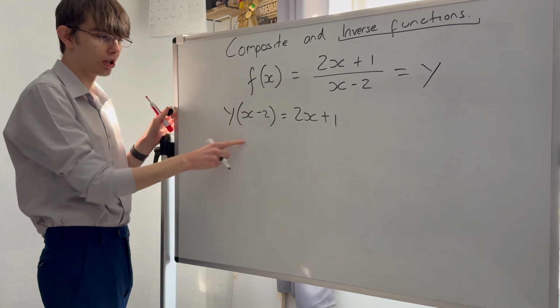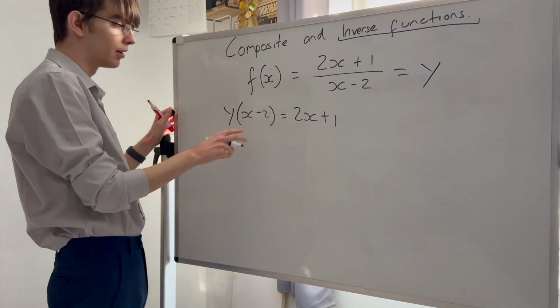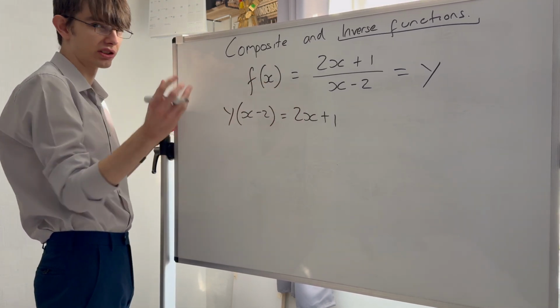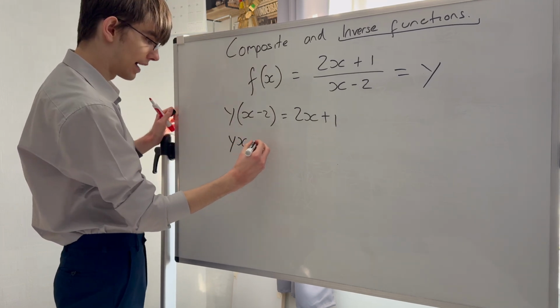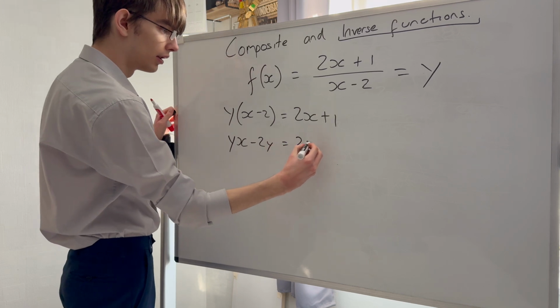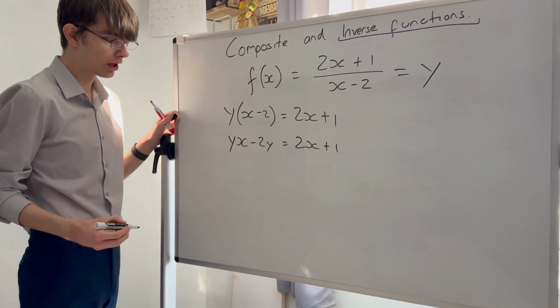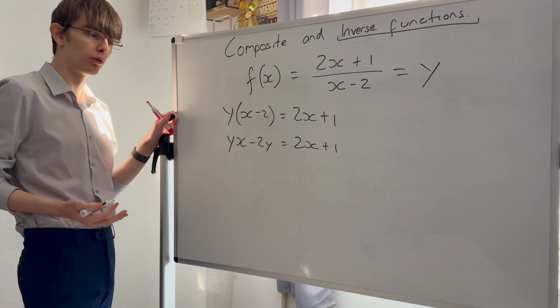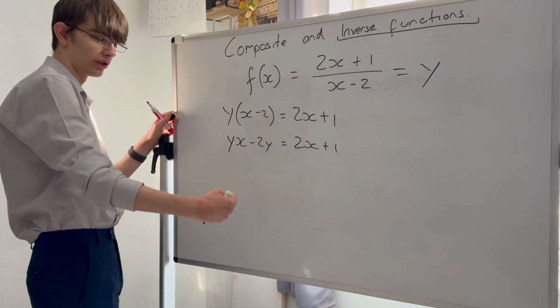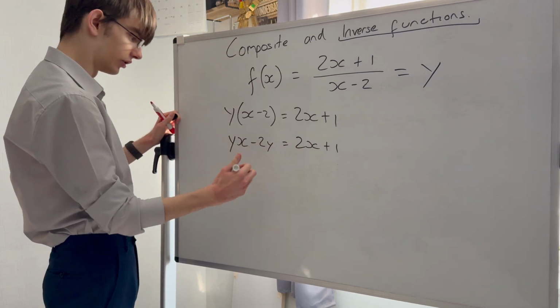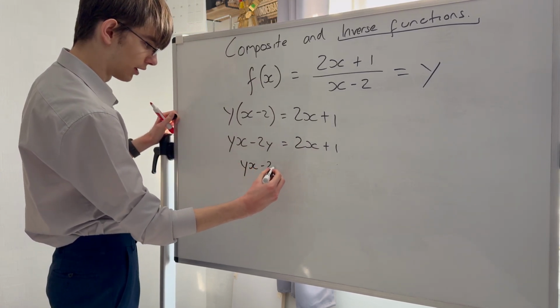Well, I'm probably going to want to start by expanding this side here, because I've got an x inside a bracket and an x outside of the bracket, and that makes it a bit tricky. So I get yx minus 2y is 2x plus 1. Now I'm thinking, okay, I probably want to get all my x's onto one side, all of my non-x's onto the other. So let's minus this 2x, yx minus 2x.